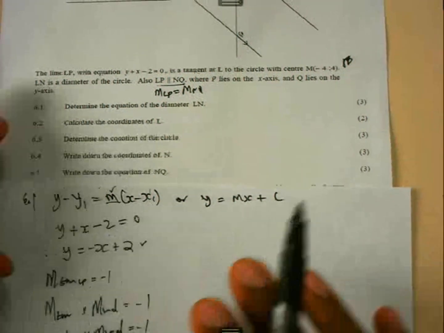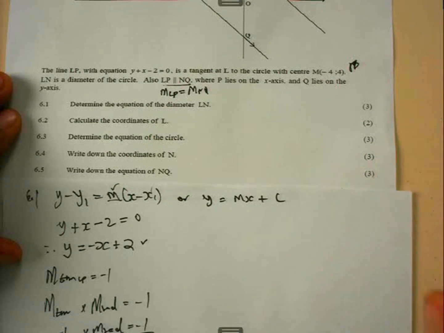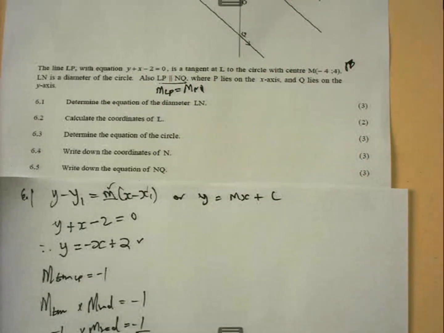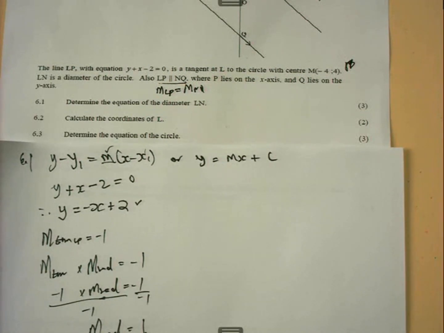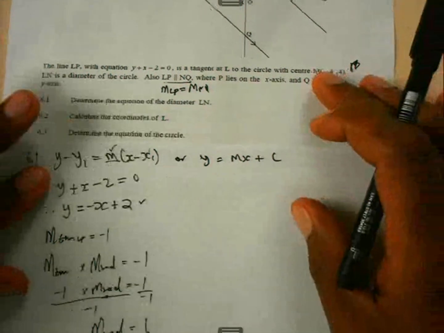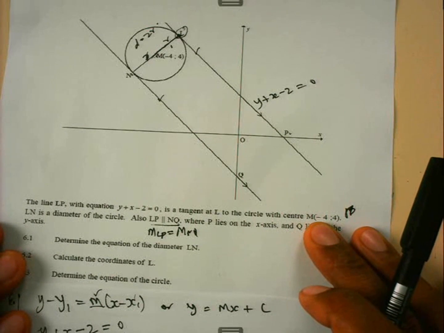Right, 6.3 now says determine the equation of the circle. Very important question. Now first of all, before we determine the equation, we need to look at the circle. What type of circle is this?